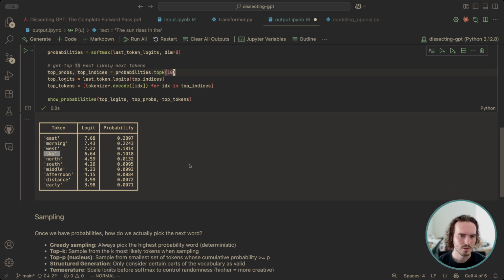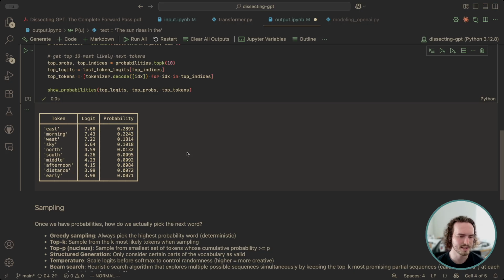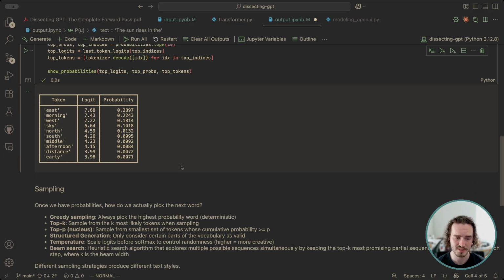And so, like I mentioned, ultimately we don't care about this probability distribution. We want to actually pick a token from it. And there's a number of ways to do that. The techniques here are all called sampling. So how do we pick something from our distribution? The simplest approach is greedy sampling. We just want to take the most probable thing at every point.